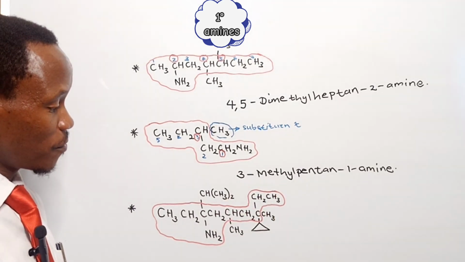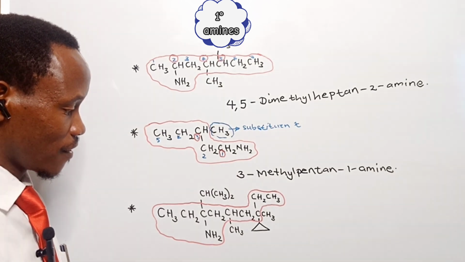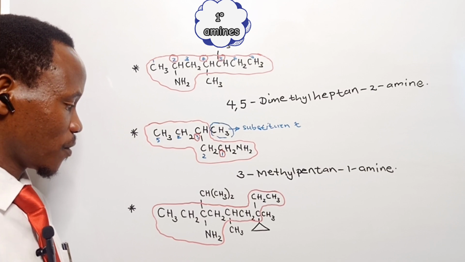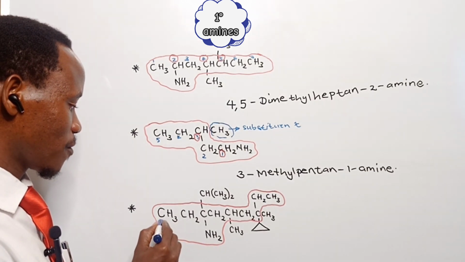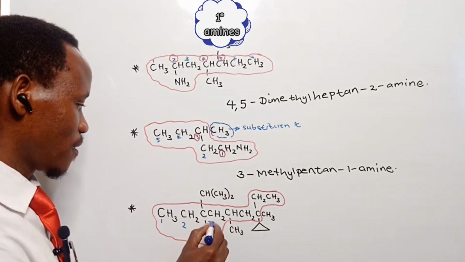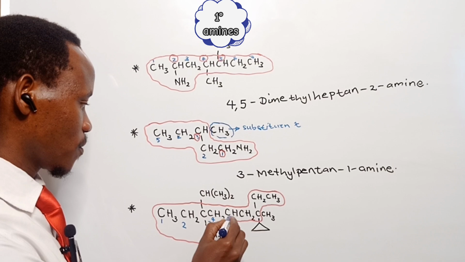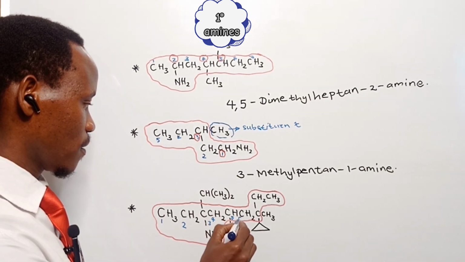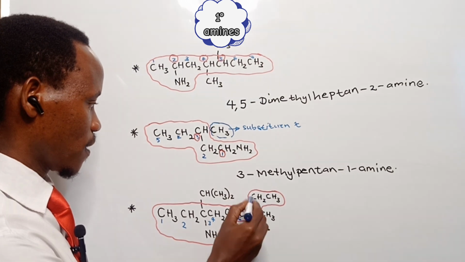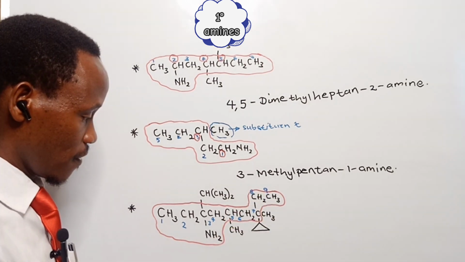Now, after obtaining your parent chain, assign numbers to the parent chain such that the amino group takes the lowest number. So this becomes therefore 1, and this is 2, position 3, position 4, position 5, 6, this is 7, this is 8, and that one is 9.